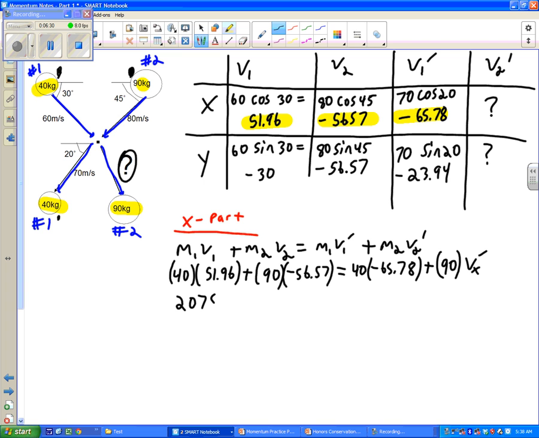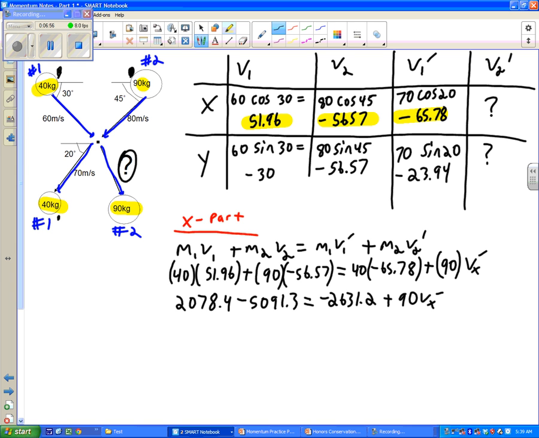2078.4 minus 5091.3 equals negative 2631.2 plus 90 Vx prime.